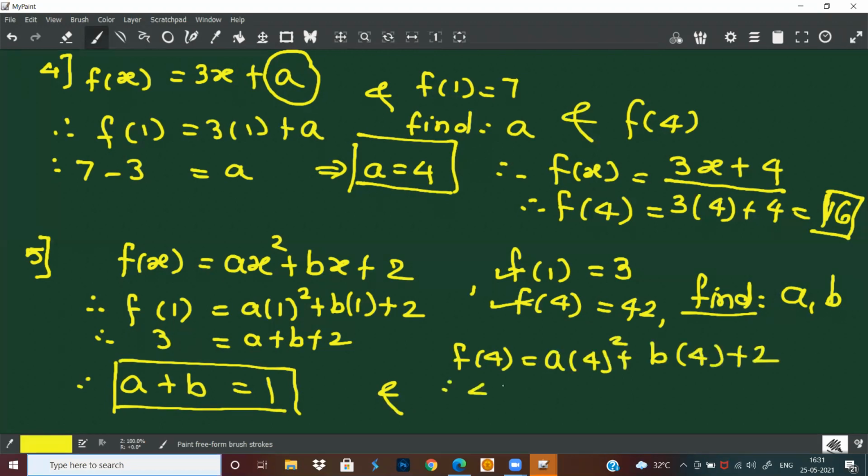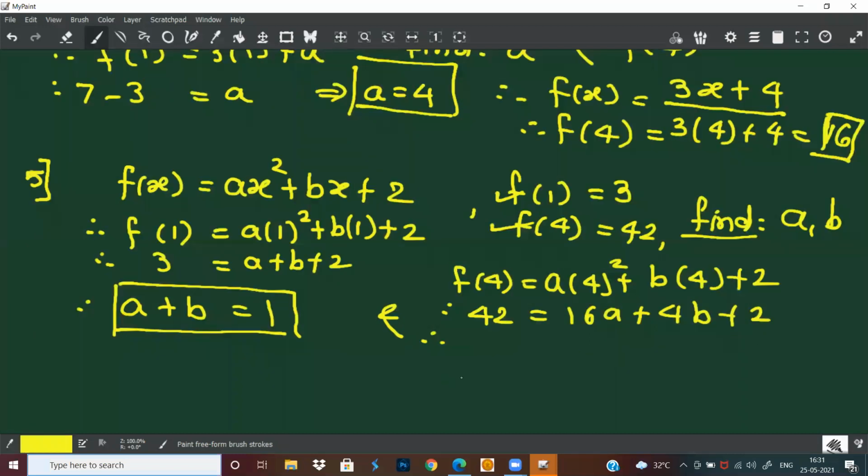So f of 4 is given as 42. 16a plus 4b is 40. So dividing by 4, you will have 4a plus b as 10.